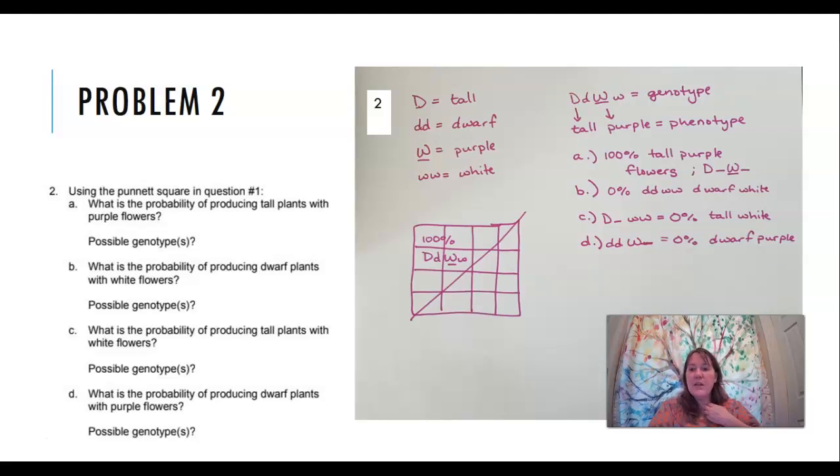What's the probability of producing dwarf plants with purple flowers? Dwarf would be the recessive trait, little d, little d, and purple would be big W anything. I put a blank spot there to signify that the genotype could be big W, little w, or big W, big W. But again, we're at 0% for that.